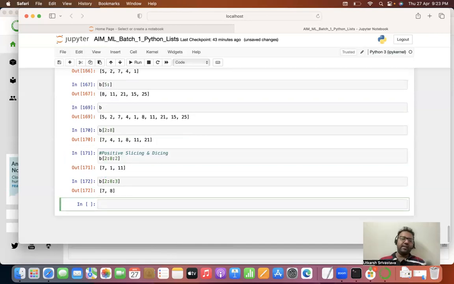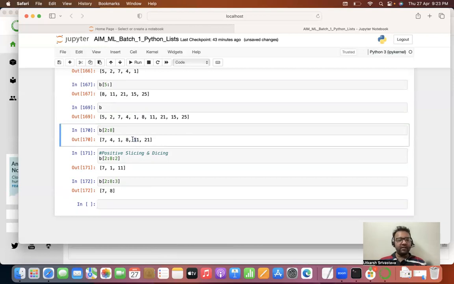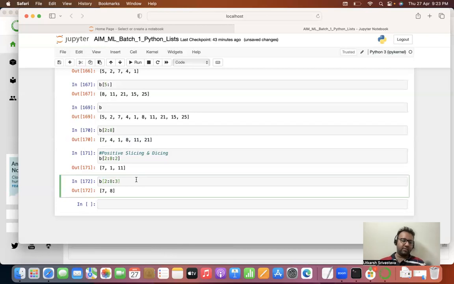So 7 and 8 will appear in the sample. And as you can see, 11, 1, 2, and you don't have data after 21. So this is what it is. Any doubts in positive slicing and dicing? Or do you want me to show more examples of any confusion?